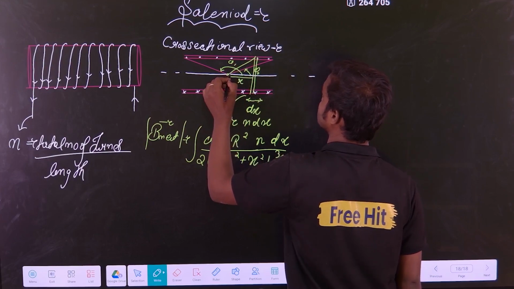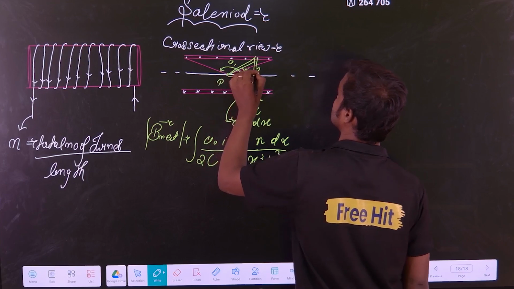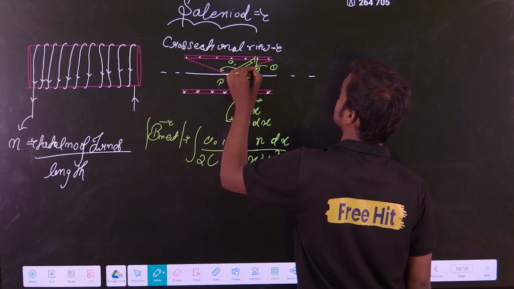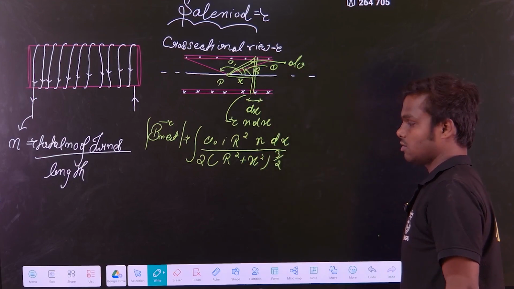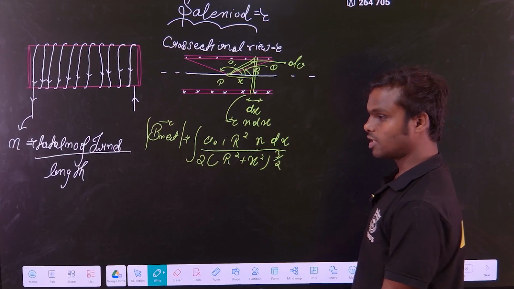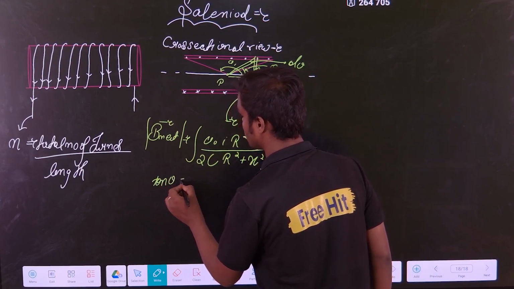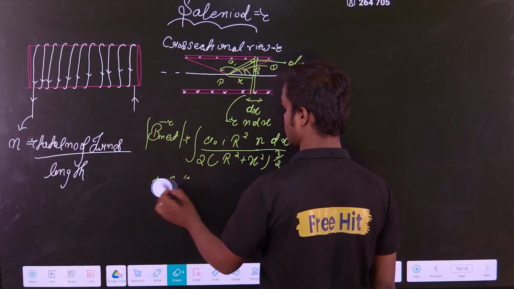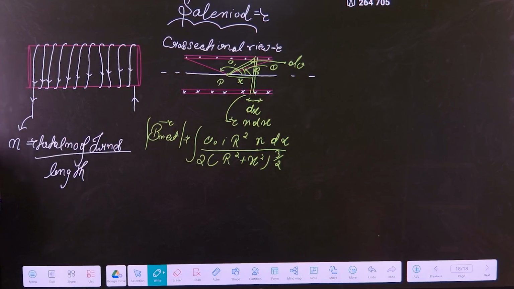From an angle theta, I take a small d theta. Now you tell me what is the value of r. First tell me what is tan theta. My question is very simple: what is the value of r?